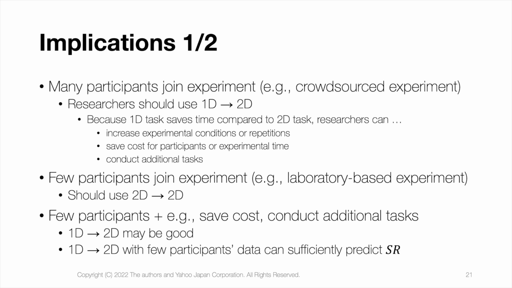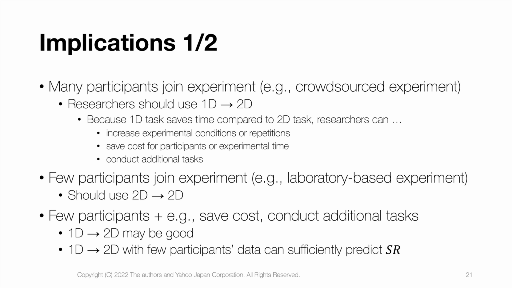On the other hand, if few participants join an experiment, for example, a laboratory-based experiment, the researchers conduct the 2D task. But if the researchers wish to save cost or conduct additional tasks, using the 1D task results may be good.